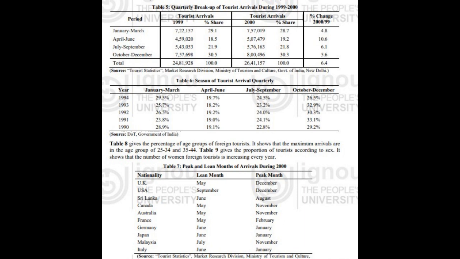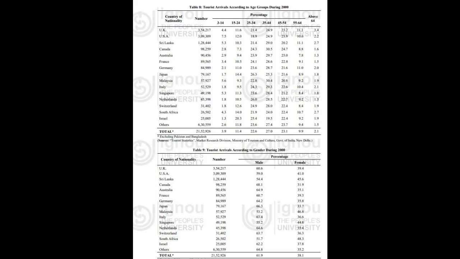Table 8 gives the percentage of age groups of foreign tourists. It shows that the maximum arrivals are in the age group of 25 to 34 and 35 to 44. Table 9 gives the proportion of tourists according to sex. It shows that the number of women foreign tourists is increasing every year. Table 7. Peak and lean months of arrivals during 2000. Look at the screen. Table 8.